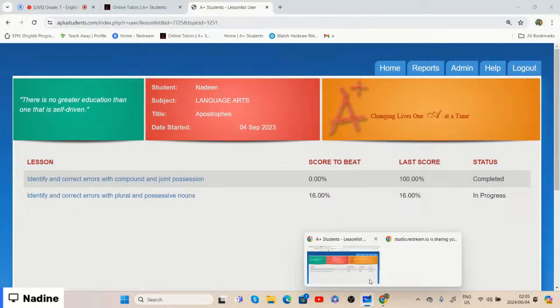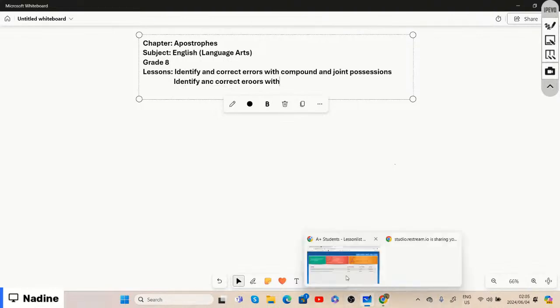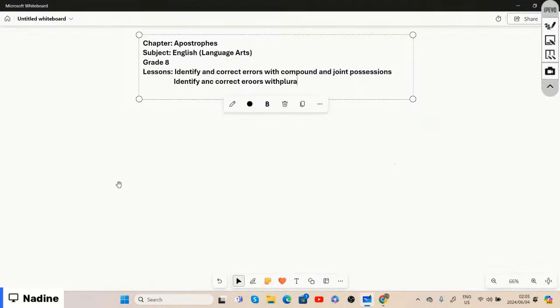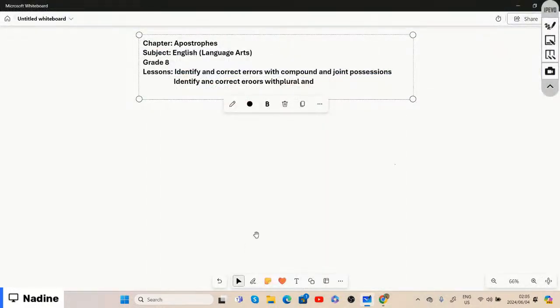And the lessons that we are going to be focusing on under the chapter of apostrophes are to identify and correct errors with compound and joint possessives, and to identify and correct errors with plural and possessive nouns.